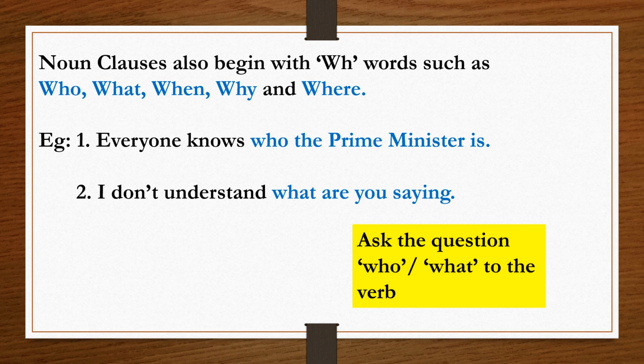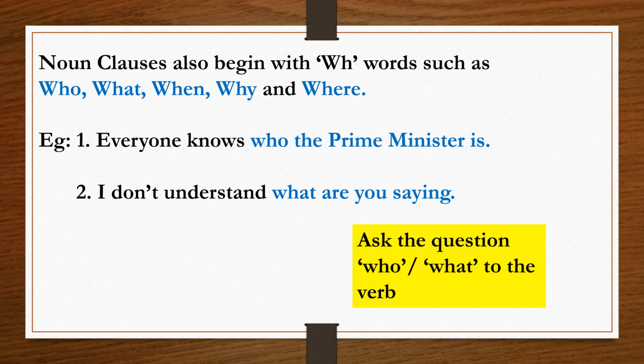The second sentence: I don't understand what are you saying. The group of words what are you saying is the noun clause in the sentence. It begins with the WH word what. Also, if I ask the question what to the verb of the sentence, I don't understand what, I get the answer, what are you saying, which is the noun clause of the sentence.